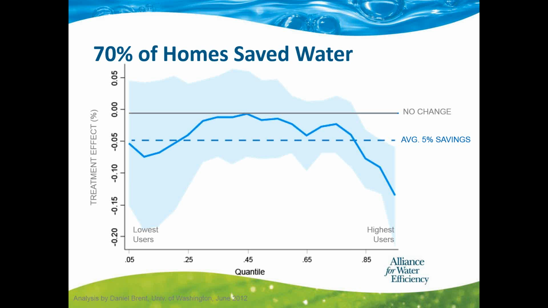And it makes sense. They have a lot of room to conserve. They're often doing things that are fairly easy to change and save quite a bit. And they're often surprised. When you give people that valuable and compelling information, like you use more water than most of your neighbors, they are interested and they are motivated to make a change. Next slide, please.